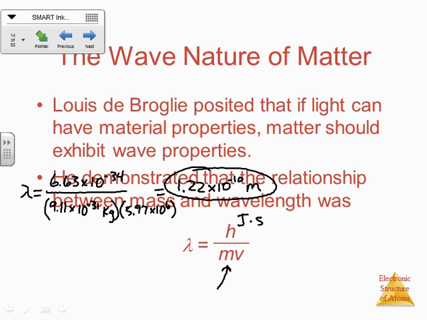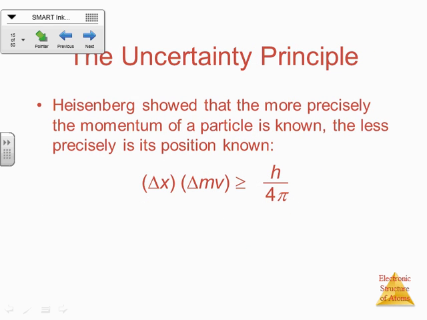He demonstrated the relationship was this. You got that on your paper, so I don't need to erase that. And then that led to the uncertainty principle. What Heisenberg basically said, he did some complicated mathematics to show that with something like the electron, the size of it is very, very important.